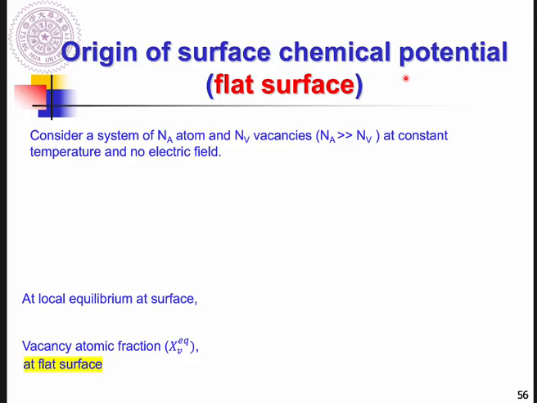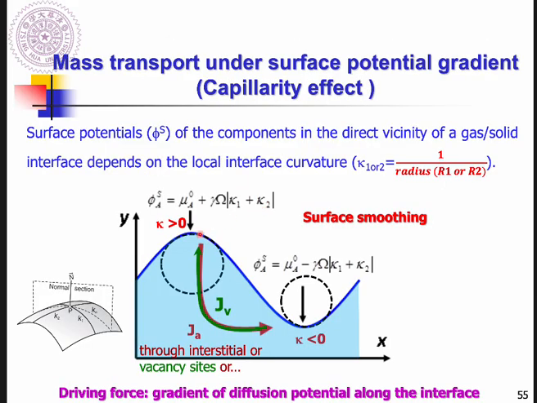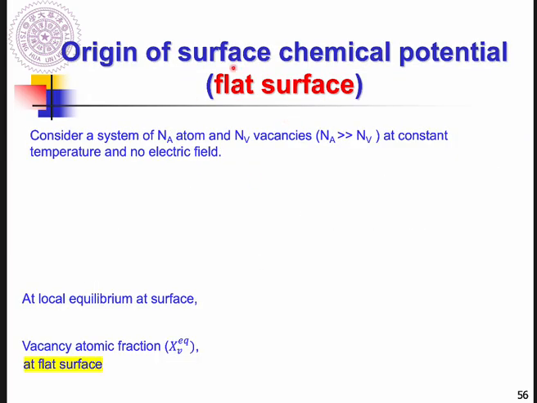Actually, your textbook uses about 3 slides to show that the atoms at the convex region have higher surface potential compared to the concave region. Okay, so I'm going to show you why.